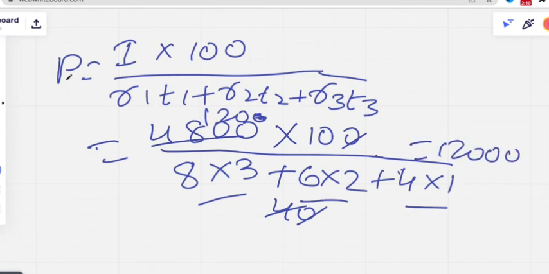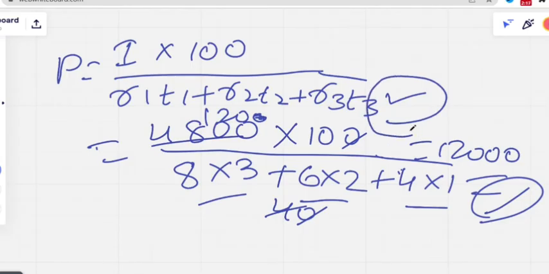See friends, how easy it was if you know this formula. In examinations you don't need to write this formula, you just recall it in your head and write it in a single step like this, which is very easy for you.